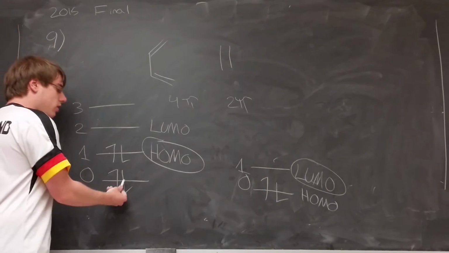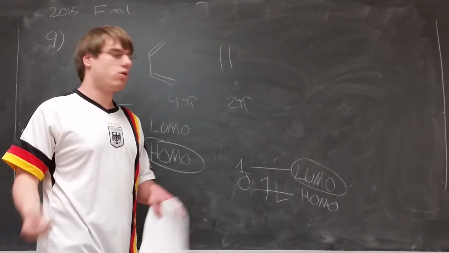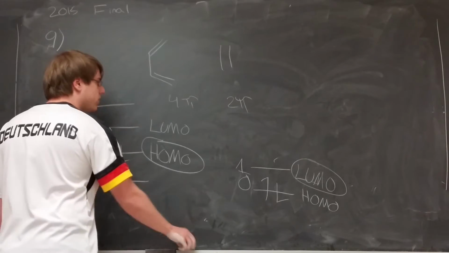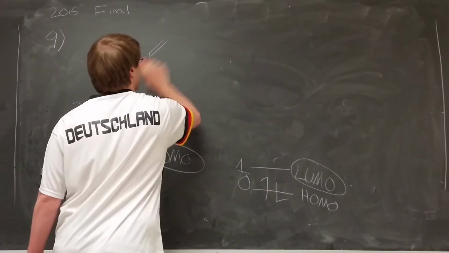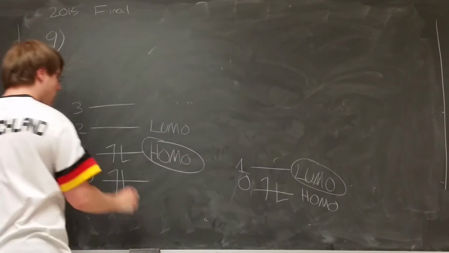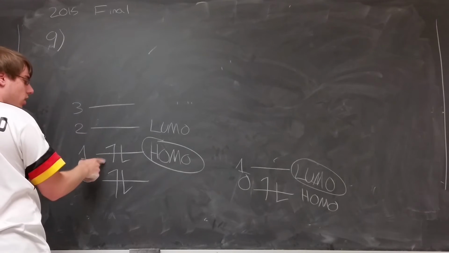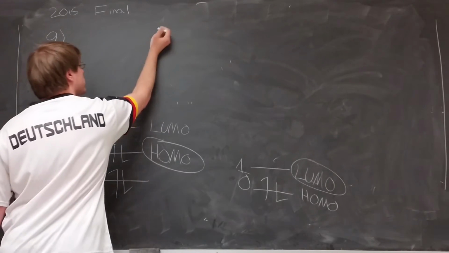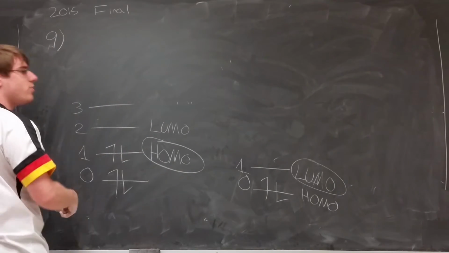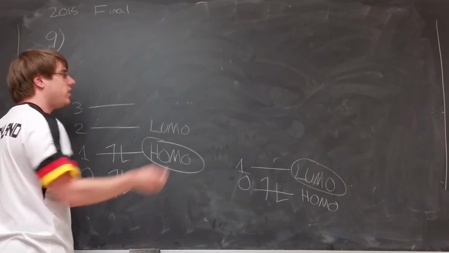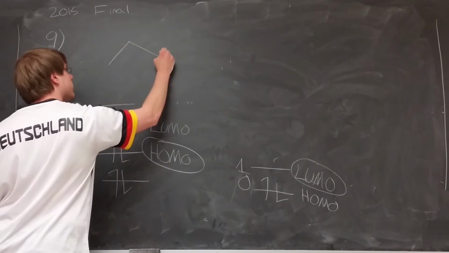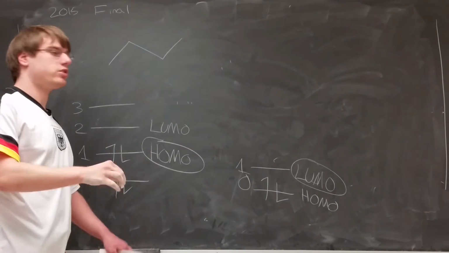So now that I've drawn out my energy diagrams, I have to start drawing the orbital diagrams. Let's start with the diene again. I want to draw the HOMO of the diene. Start by drawing however many carbons were in the chain. The diene had 4 carbons, so I'm just going to draw a 4-carbon chain with nothing special.